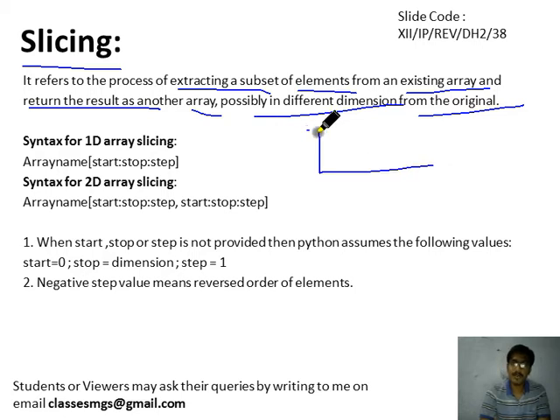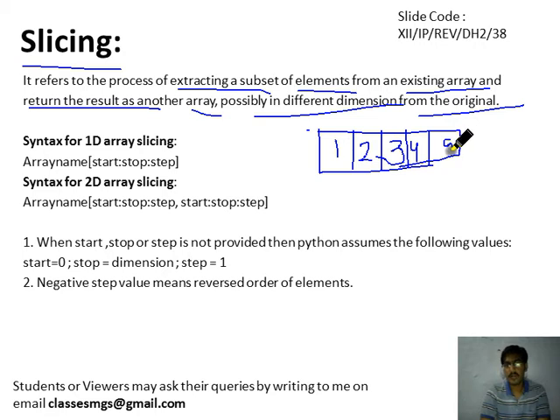Slicing means, let's suppose this NumPy array has this many elements: 1, 2, 3, 4 and 5. Now if we want to extract 2, 3, 4 from this NumPy array, then we will use the concept of slicing, because slicing means extracting a subset.